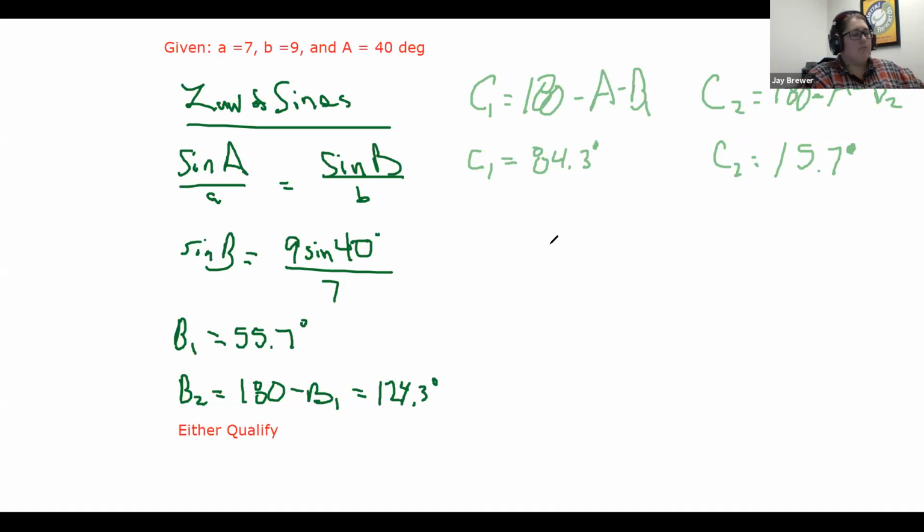So now we're going to use law of sines, and we have to find little c twice, actually. All right. Make sure you guys are definitely paying attention to this example.